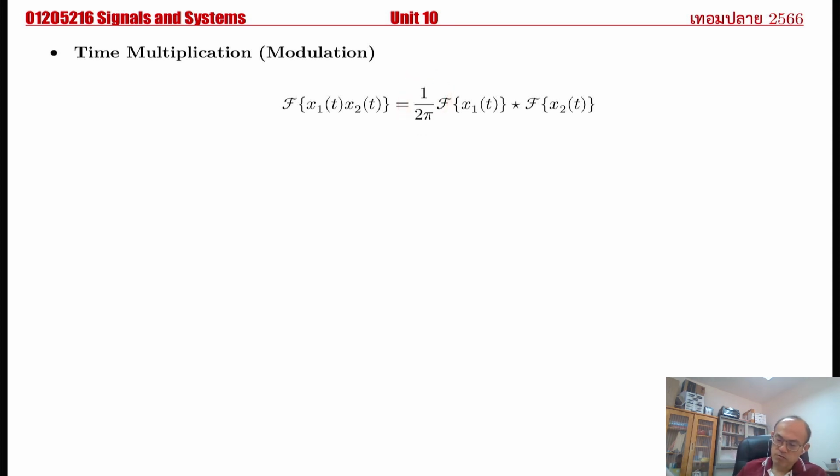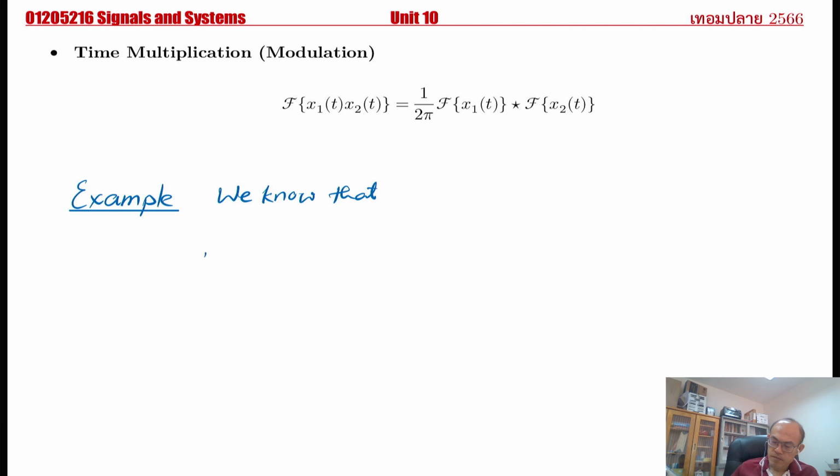Okay, so for example, we know that a cosine of omega 0 t has a Fourier transform pair of pi times delta at omega 0 plus delta at minus omega 0.